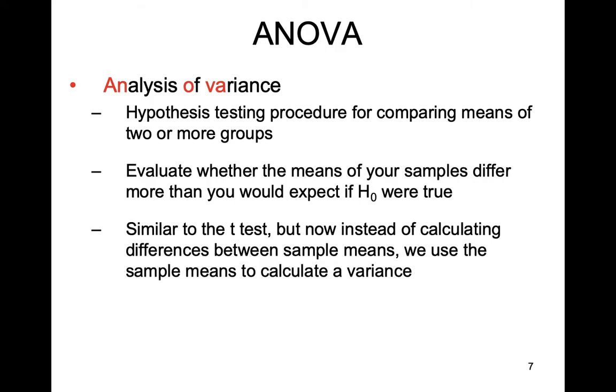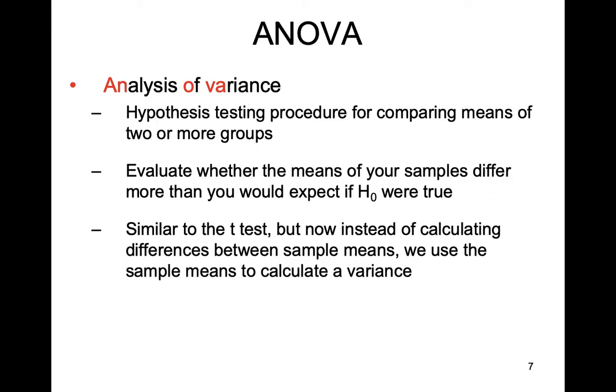So the logic is very similar to a t-test, but instead of calculating differences between sample means, we're going to use sample means to calculate variance. But we can just think of the difference between two means as representing variability.